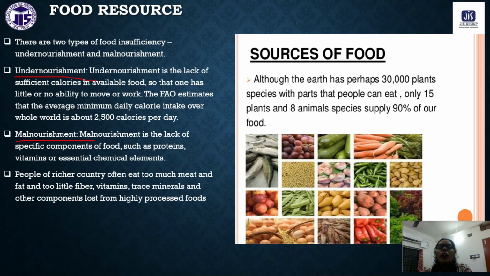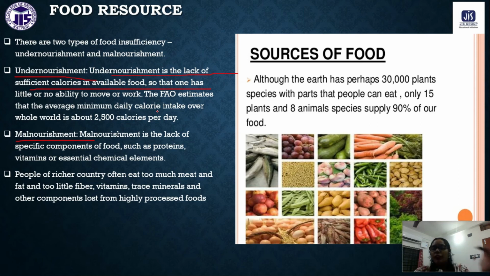So what are the differences between undernourishment and malnourishment? This type of question you can have in your exam. Undernourishment is a lack of sufficient calories in available food.